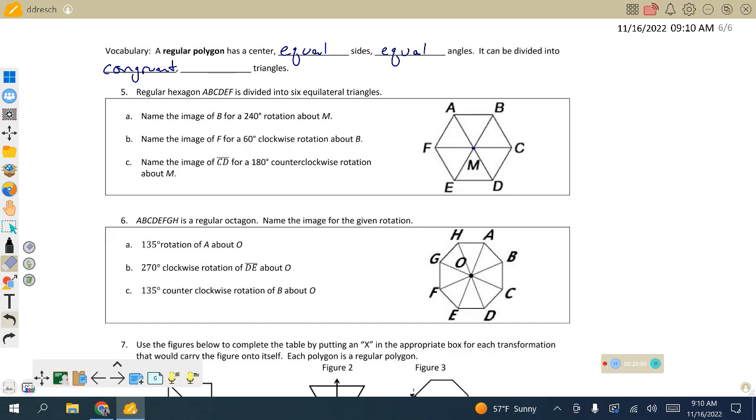But what is true for every one of them is that these are all going to be isosceles triangles. Because think about it, it's from the center to that vertex, so those are all equidistant. For a hexagon down to an octagon right here, we haven't talked about it yet, but we'll talk about that down the road.